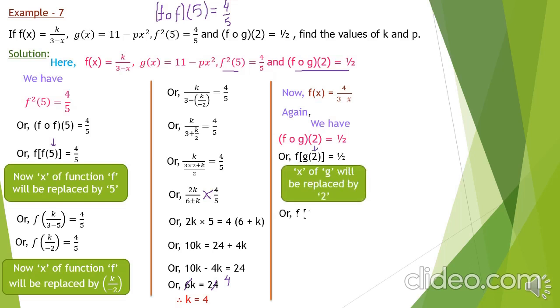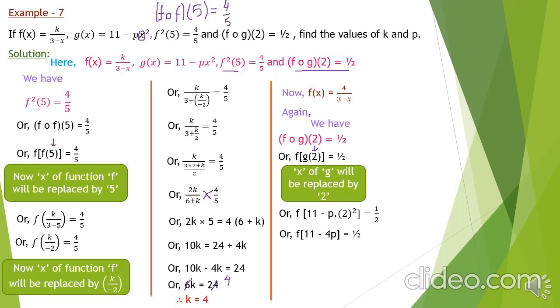Now f of 11 minus p x square is equal to 1 by 2. Now you can clearly see the x of the function g, this x is replaced by 2. Input value takes the position of input variable. Input variable is x, so input value is 2. So that's why x is replaced by 2.